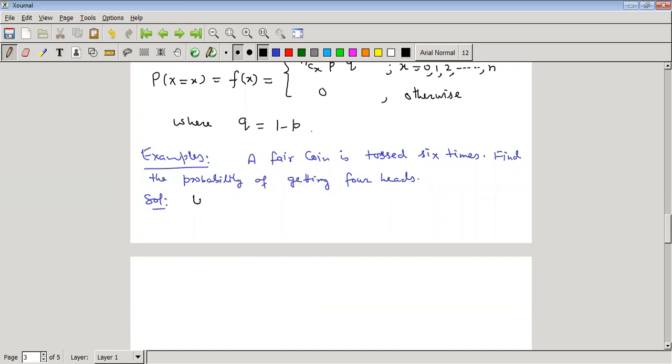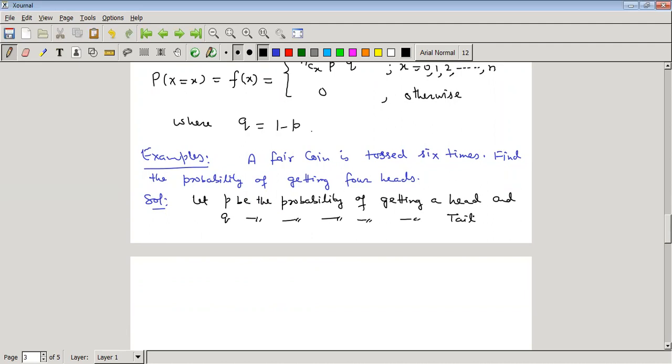Now let p be the probability of getting a head and q the probability of getting a tail.